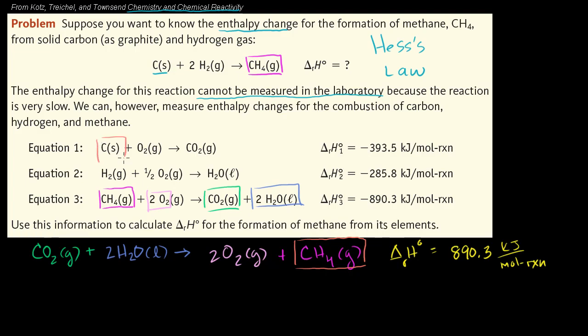So if I start with carbon in its graphite form, plus oxygen in its gaseous state, it will produce carbon dioxide in its gaseous form.